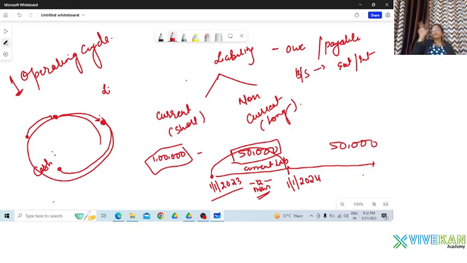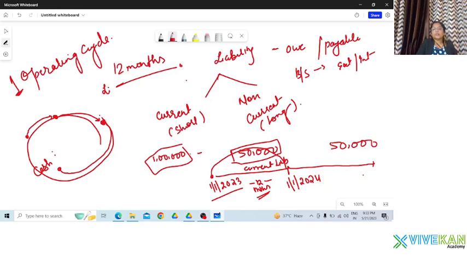Generally, if you are not able to identify your operating cycle exactly, then it is considered as 12 months. In exceptional cases, where businesses are big and take more time to realize money, the operating cycle may be more than 12 months as well. In general we take it as 12 months.